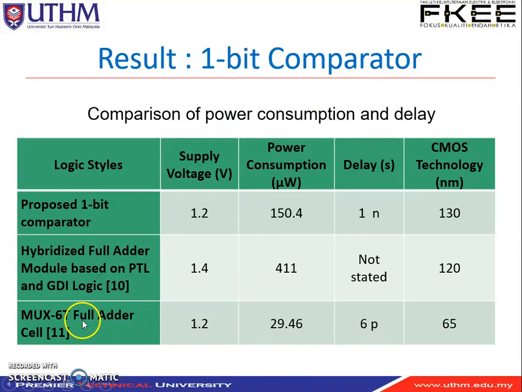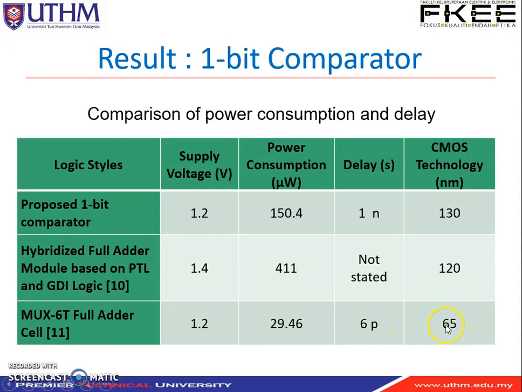Another problem with the multiplexer 6 transistor full adder cell is when we cascade this circuit to form a higher order comparator, the output is degraded, meaning that it won't reach the full swing of 0 to the power supply.